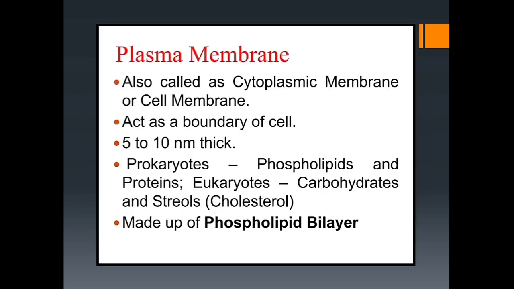So, the plasma membrane is also called the cytoplasmic membrane or cell membrane. You know that it is called the cytoplasmic membrane because the cytoplasm, the living jelly-like substance present inside the cell, is protected by this membrane.